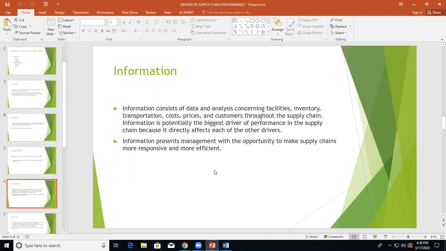One of the students asked me a question: will information affect all the drivers? Yes, I just gave you a detailed example of the inventory. Yes, it will be affecting all the drivers. It will affect transportation too. For example, you have a transportation logistics company.